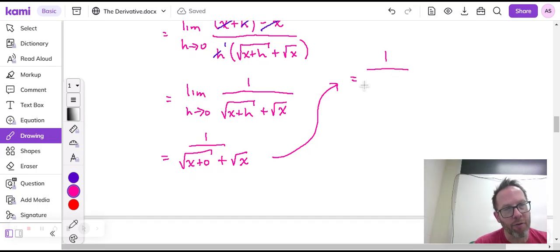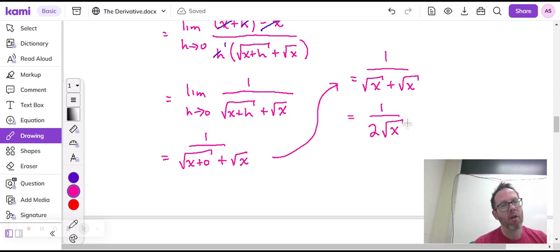I'm showing extra steps because I have the space here. That's just 1 over root x plus root x again. And root x plus root x is equal to 2 root x. We did it. The derivative of the radical function, root x, is equal to 1 divided by 2 root x.